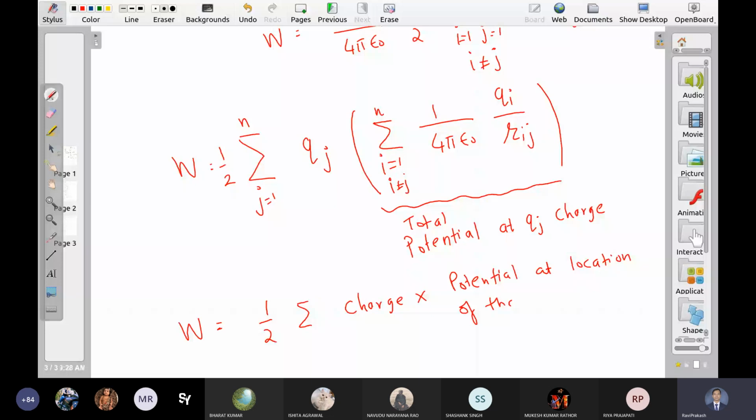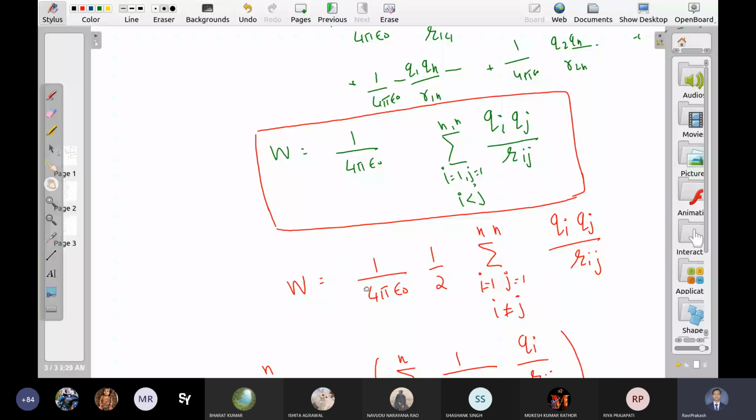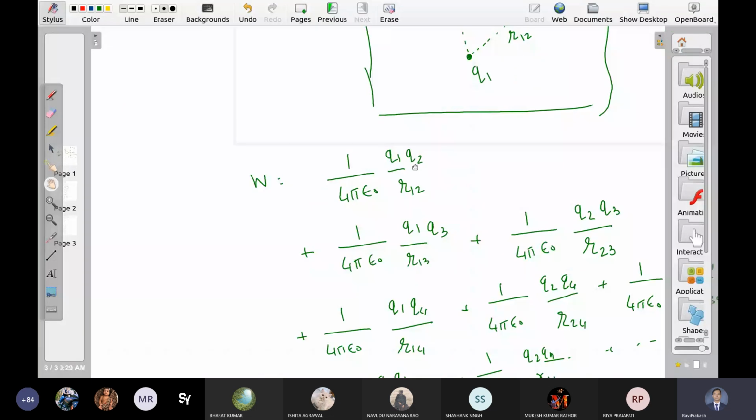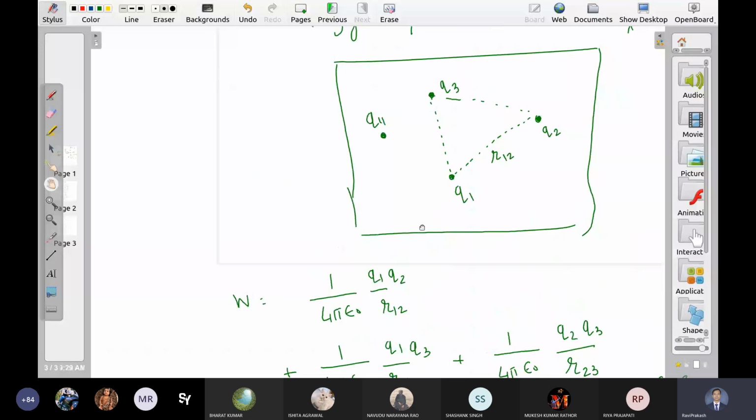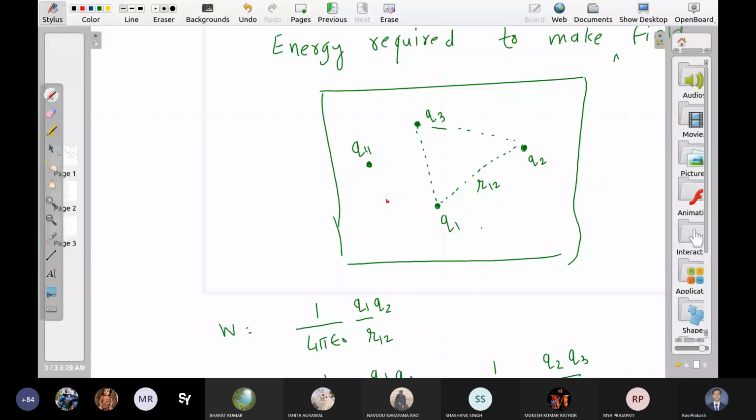So this is for a system consisting of discrete charges. ये आंसर आया जब आपने पॉइंट बाई पॉइंट चार्ज जोड़ करके एक सिस्टम बनाया. When you make a system by arranging point charges. If we try to make some continuous system, then what is the answer?